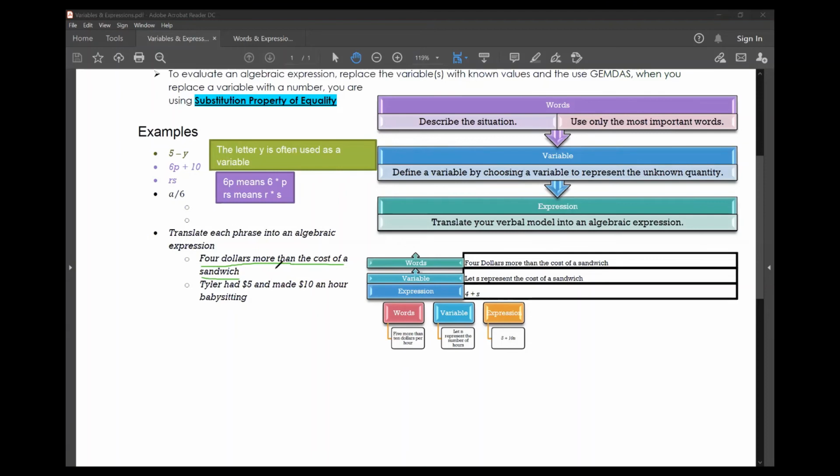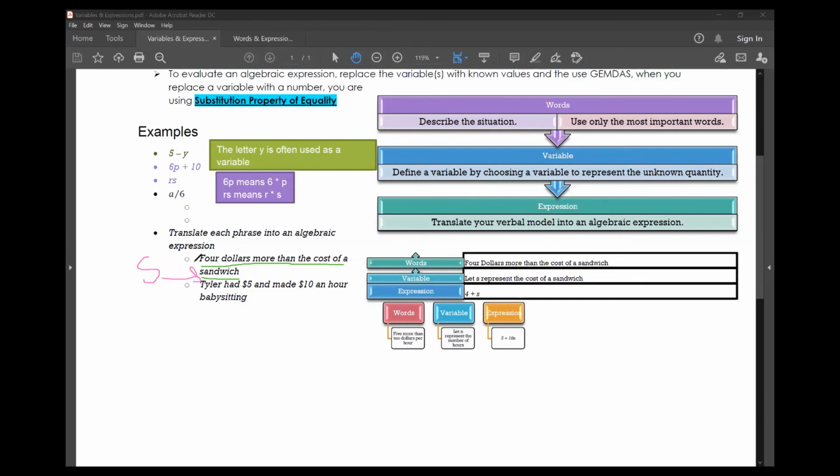S is the variable, and you may be wondering why. We let S represent the sandwich, because we need to know how much the sandwich is that is $4 more.